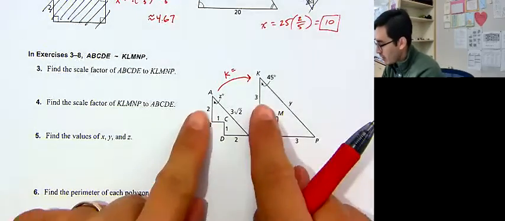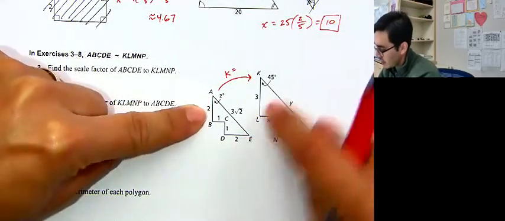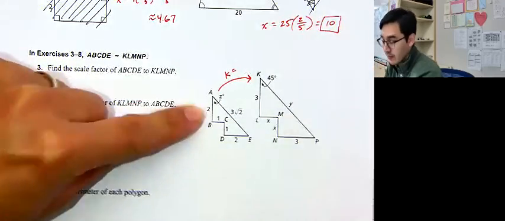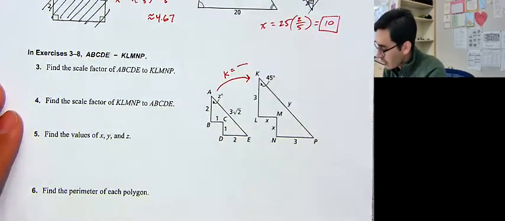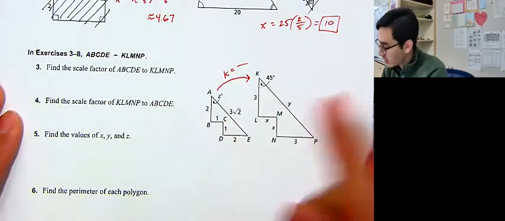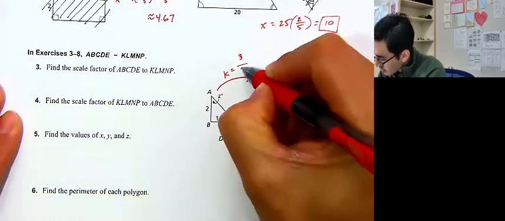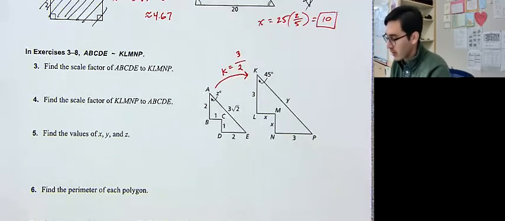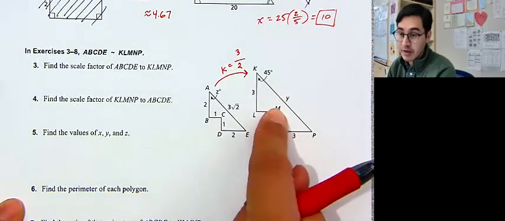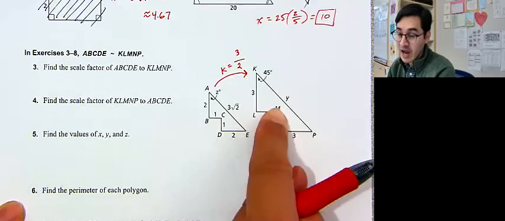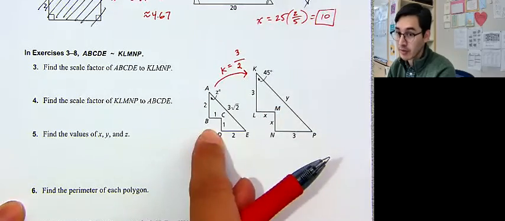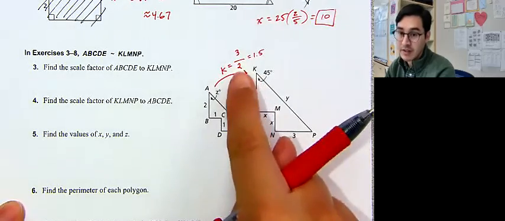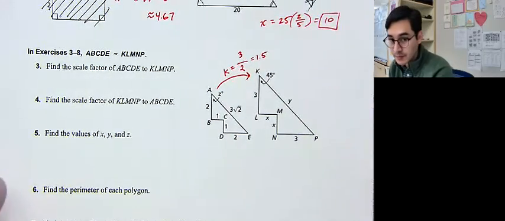Right now I'm looking at the top left measurement. On the small figure, it's 2, and on the big figure, it's 3. So I'll take the bigger measurement and divide it by the smaller measurement to get 3/2, or 1.5. In other words, the big figure is 1.5 times the size of the smaller one. You can write scale factors as fractions or decimals, it doesn't matter.